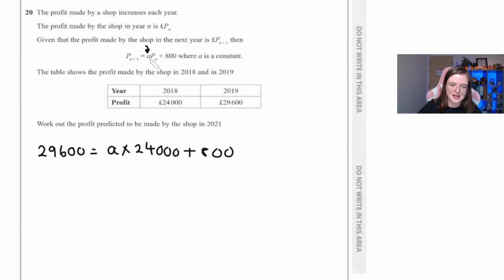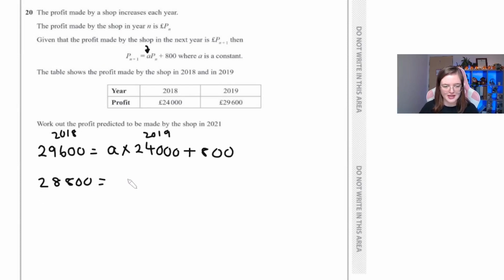Hope that makes sense, because that's the profit made in the first year you're looking at, and the profit made in the next year, following the year that came before it. So that's 2018, and this is the year on, 2019. Then we just sort this out. Take away 800, so we get, what is that?